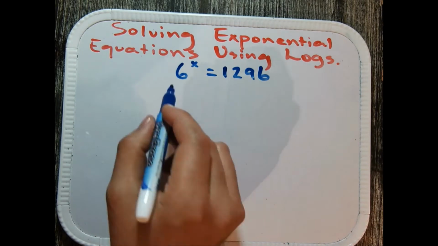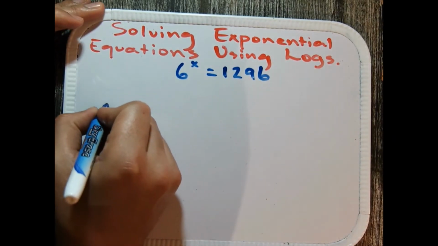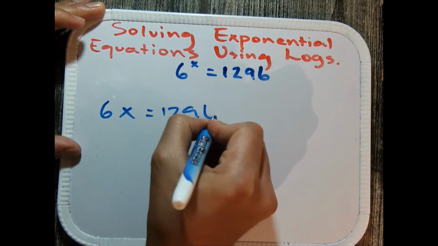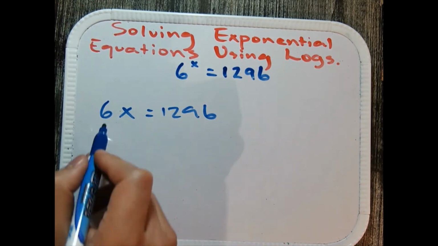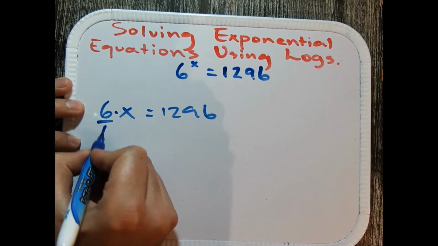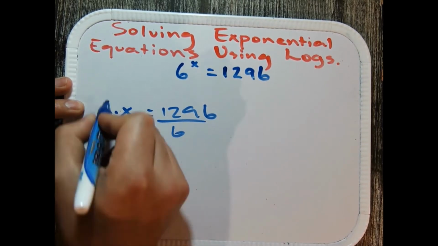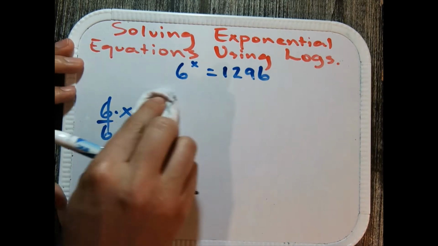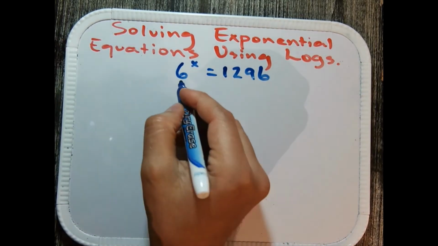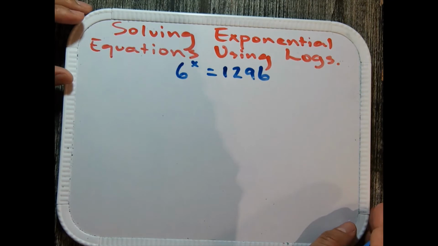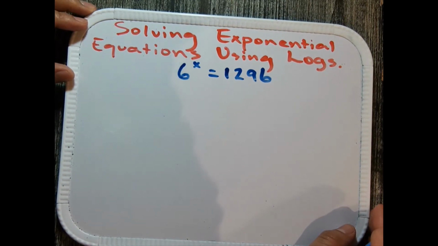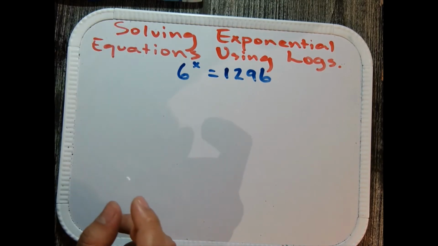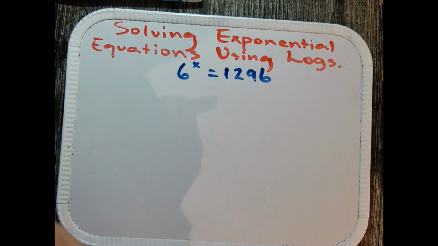Now, do not confuse this with simply having 6x, 6 times x equal to 1,296. If we had that, we would do the opposite of multiplication, divide on both sides, and we would be done. But we don't have 6 times x, we have 6 raised to the power of x. So what we have to do is rewrite it as a log.